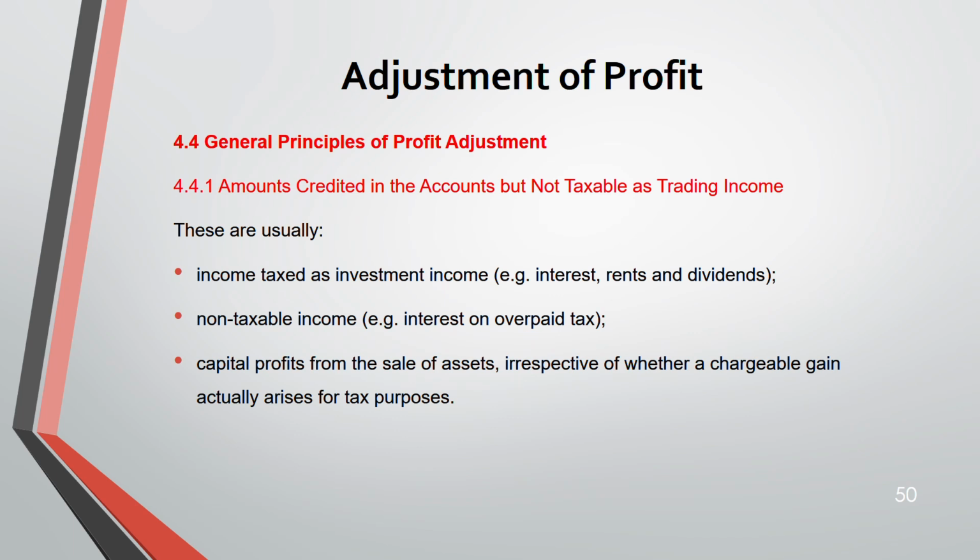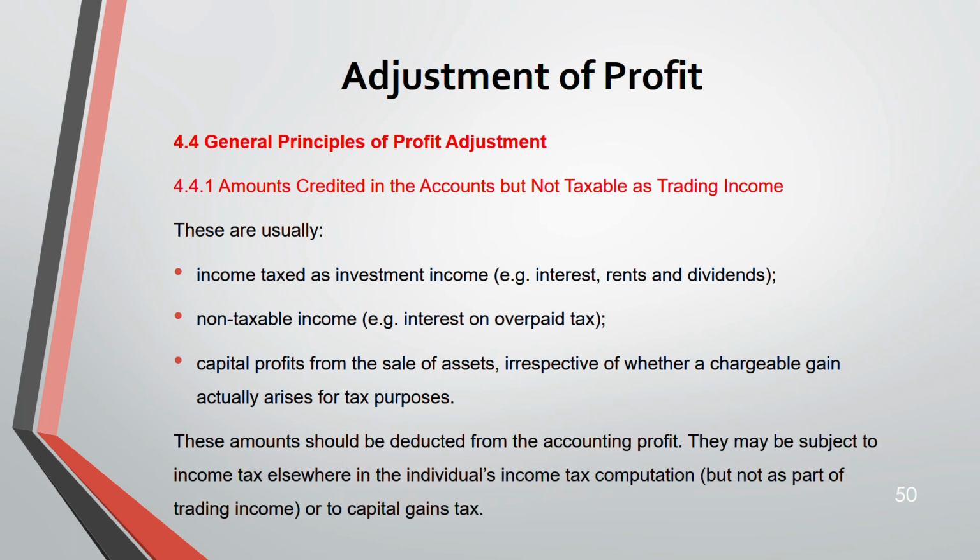Now, capital profit. When you are selling an asset, you are having a capital profit, irrespective of whether a chargeable gain actually arises for tax purposes. You can't tax this as your trading income. They are your capital income. On that you pay capital gains tax, not income tax. So they are not your trading income. You must have taken these amounts as trading income, so what did you do?